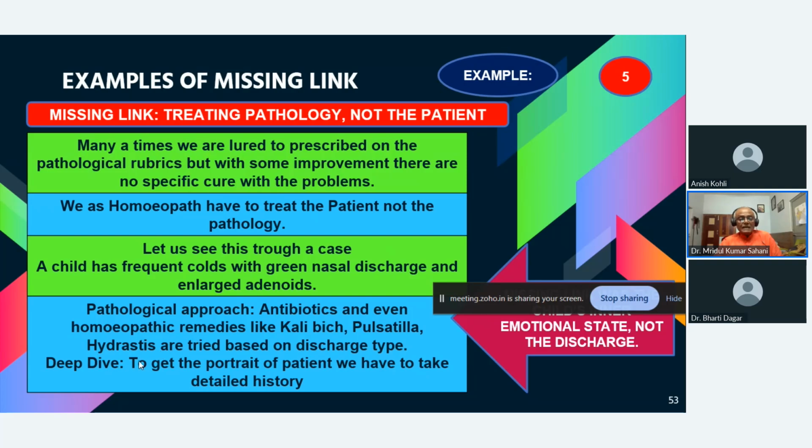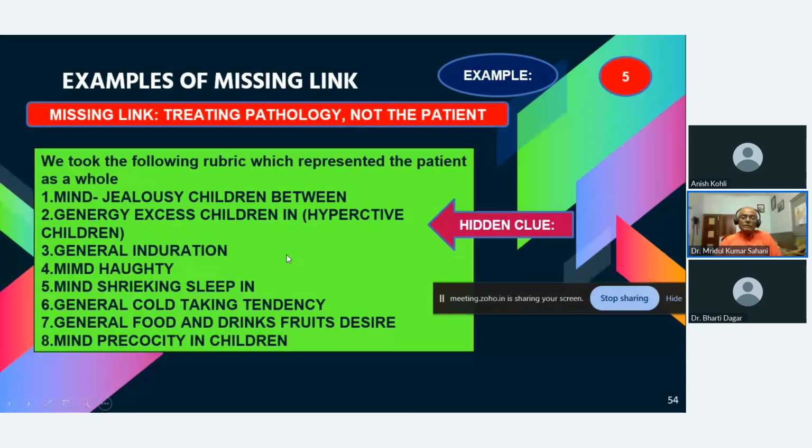The discharges had been suppressed by other physicians. To get the portrait of the patient, we had to take a detailed case study, and we took the following rubrics, which represented the patient as a whole. Mind, jealousy, children between. Now, this is very important and people often ignore it. Excessively hyperactive child. When he was in the clinic, he was moving here and there.